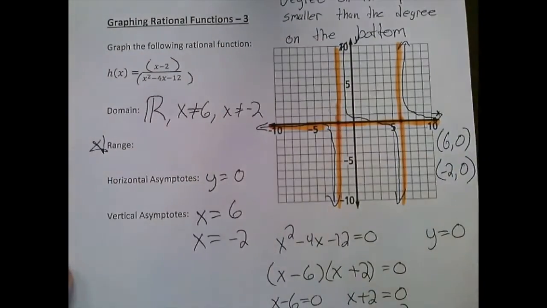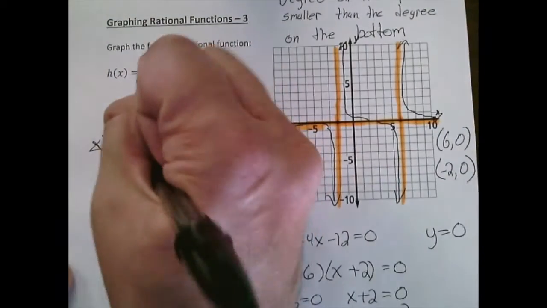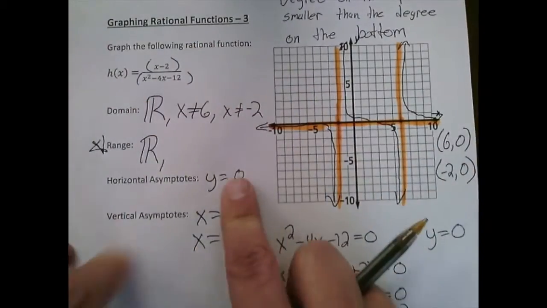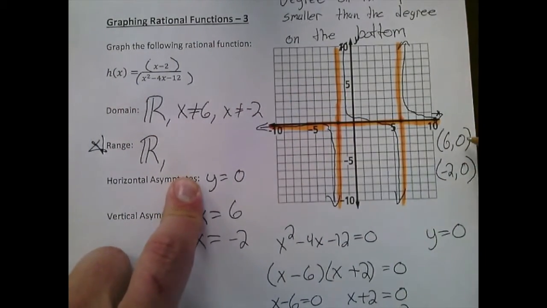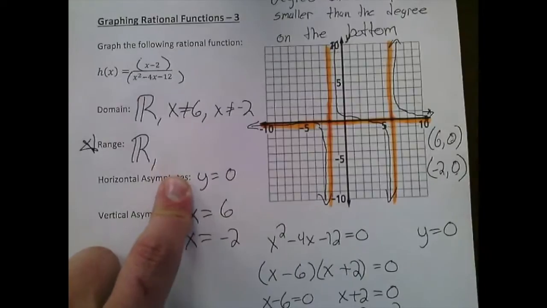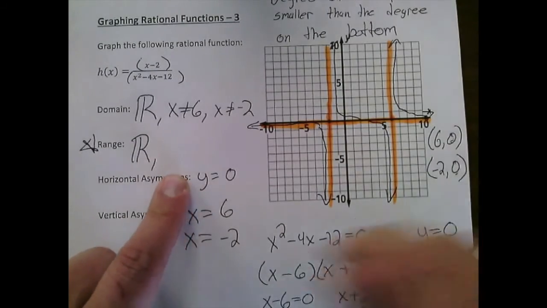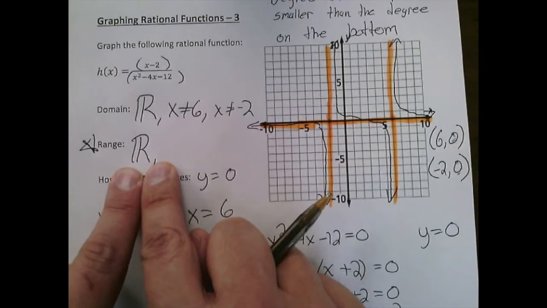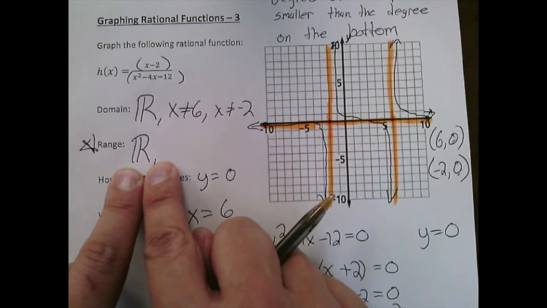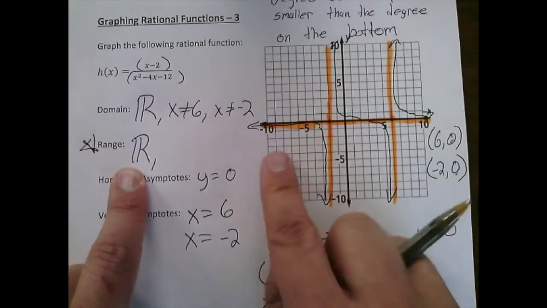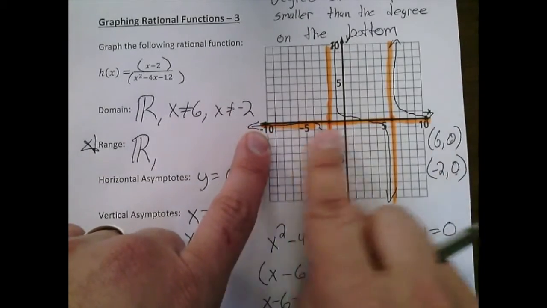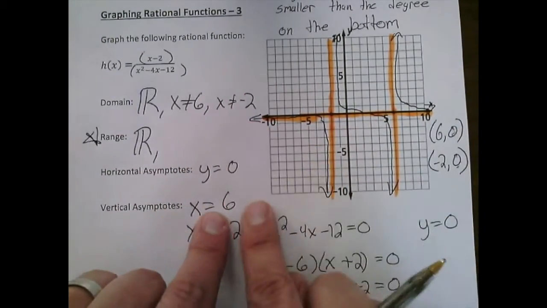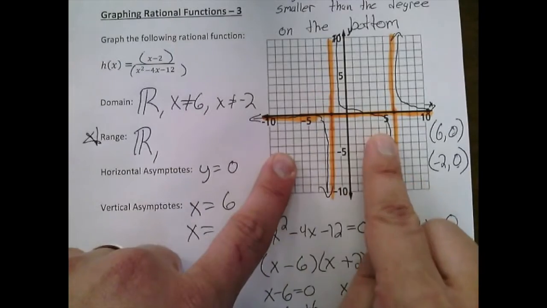The range is a little bit of an interesting one because in all my previous videos we said all real numbers except the y value cannot be whatever the y value is of the center point. But that's not going to be the case here. For this type of problem, the answer is only all real numbers. The reason why a y value of 0 is okay is if you notice our horizontal asymptote, which is our y equals 0, we crossed it.